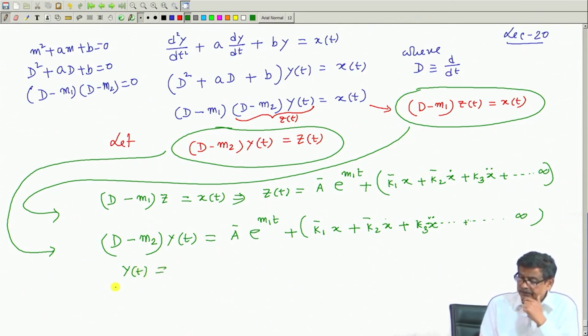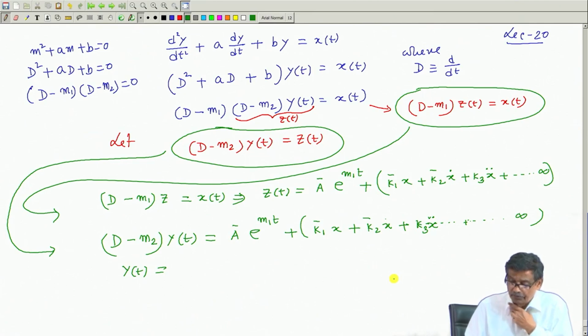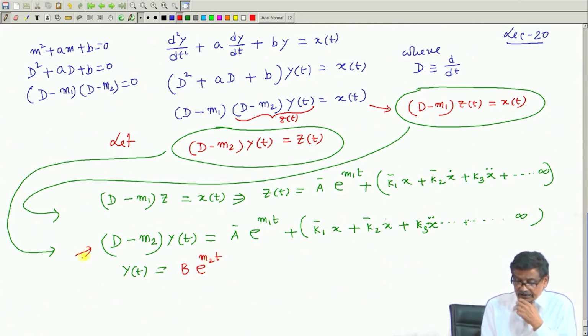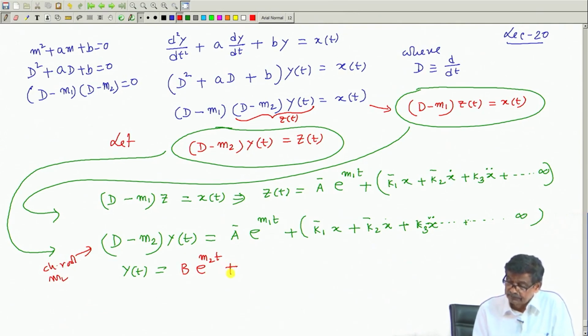What will be the solution of this differential equation? There will be a natural part of the solution, and that part will be some b into e to the power m2 t, because the characteristic root is here only m2. Plus, I will first write z(t) is this one.